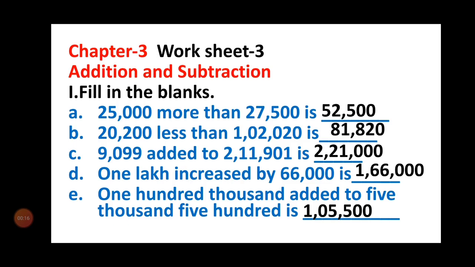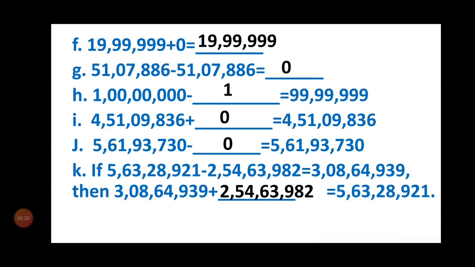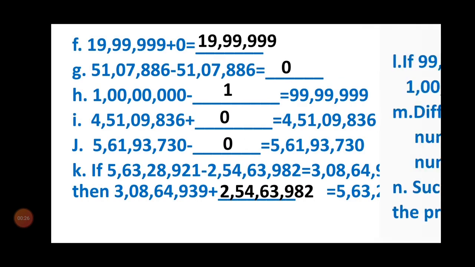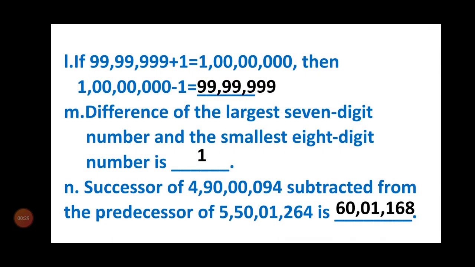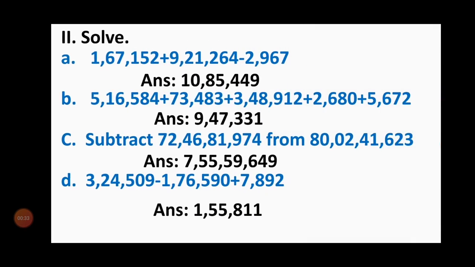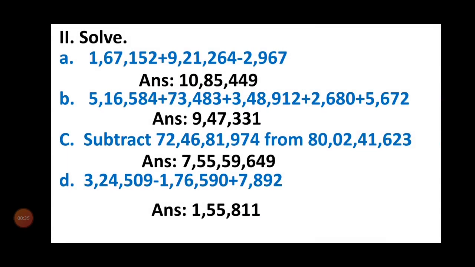In the first slide I gave 5 sums, in the second slide I gave 6 sums, and in the third slide I gave 3 sums. Then row number 2, solve. I gave 4 sums.